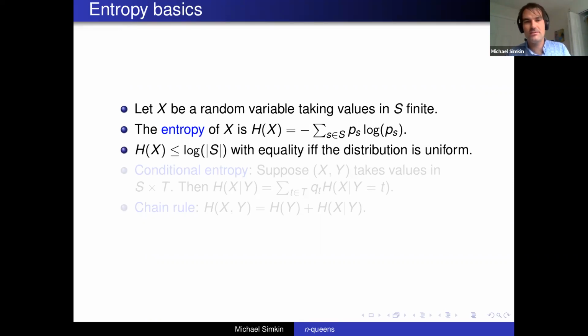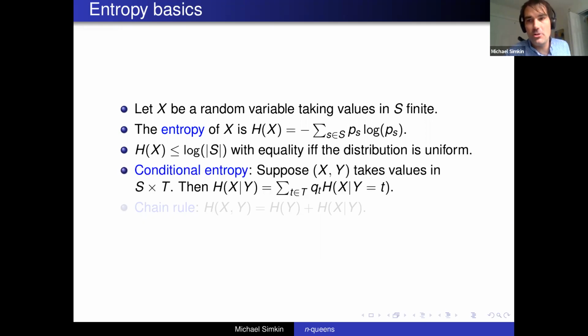What you need to know about this function is the following. The entropy of x is at most the logarithm of the number of values that it can take, and equality holds if and only if x is distributed uniformly. There's also something called conditional entropy. If you have a pair of random variables taking values in a product space, S times T, you can define the conditional entropy of x given y.